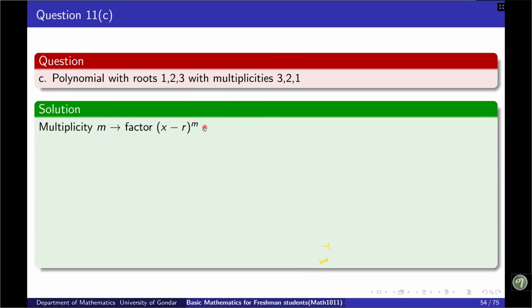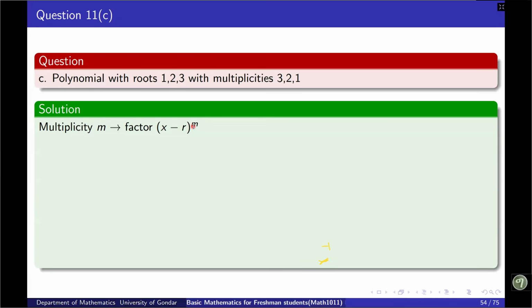That means a real number, or even a complex number, r is said to be a root of the polynomial with multiplicity m, that is, m times.